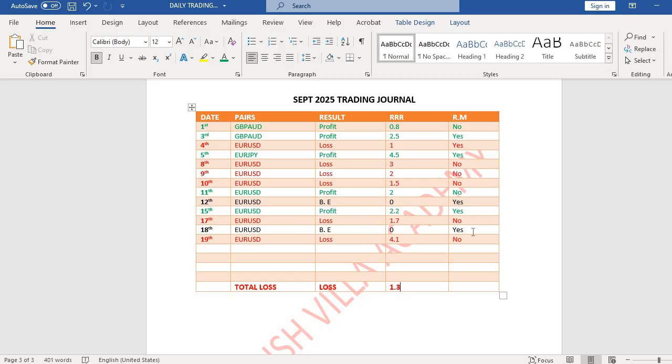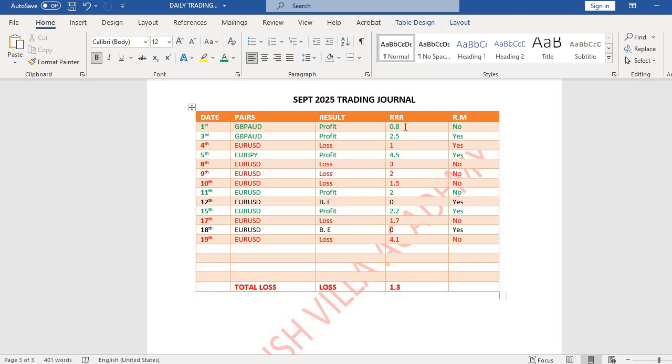Then on the 18th, I broke even. Then on the 19th, can you see I lost 4.1 half? Imagine, I lost times 4. So I over leveraged it, and you can see I lost 4.4.